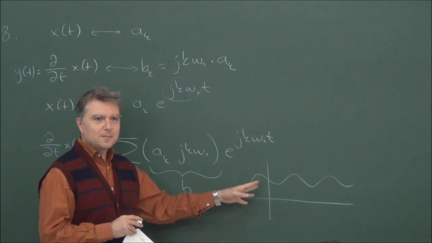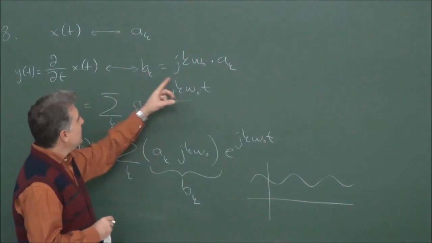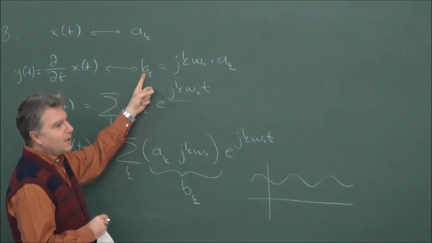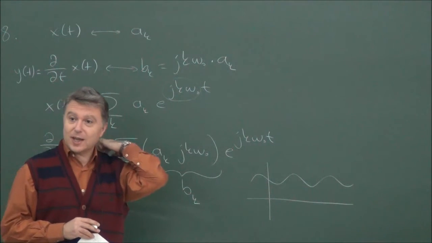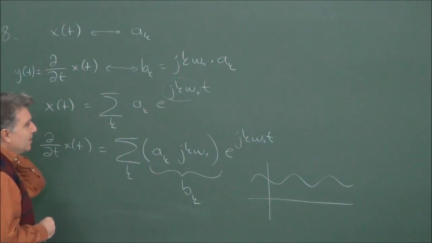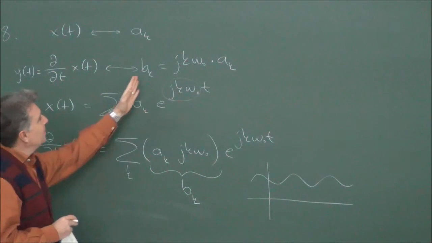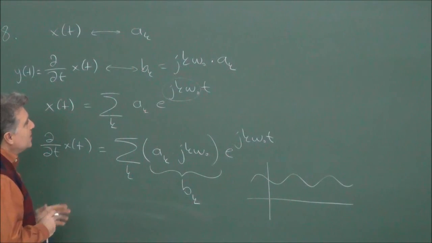You never have it. You get rid of the DC. And because of this, b0, in fact, becomes 0 times something, which is 0. That's why you don't have a DC coefficient after taking the derivative. And this formulation also agrees with that. So that is the formula.